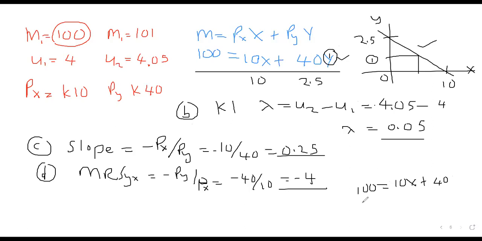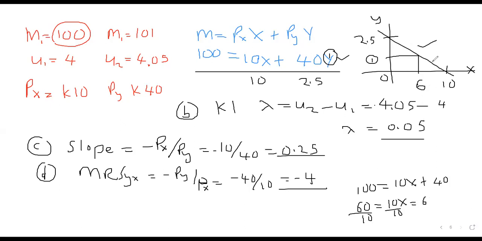And this one goes aside, it's going to subtract from 100, we get 60. So we divide both sides by 10. The number of units of X will be 6. So if 1 unit of Y is consumed, it will be 6 units of X.